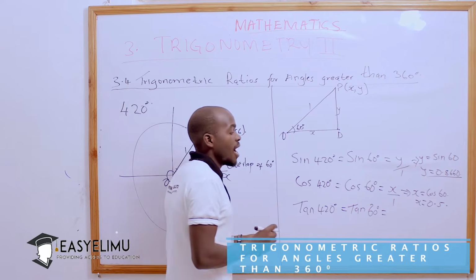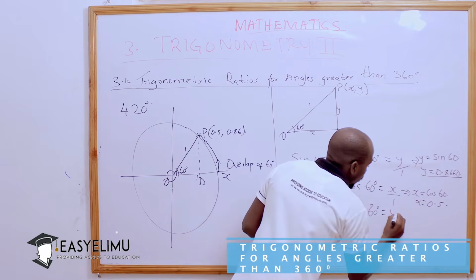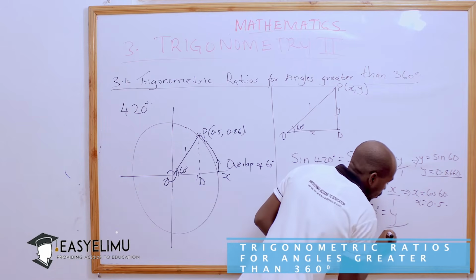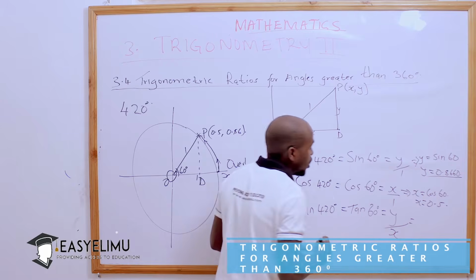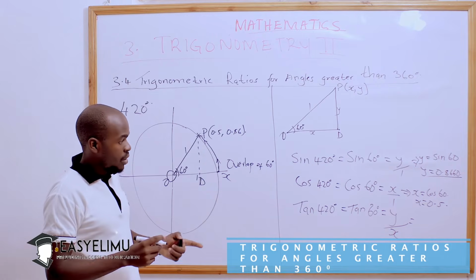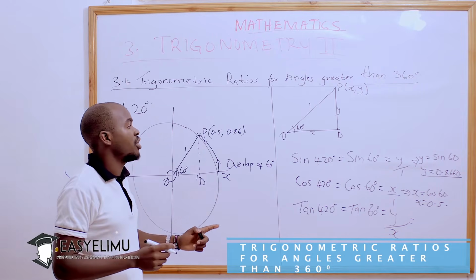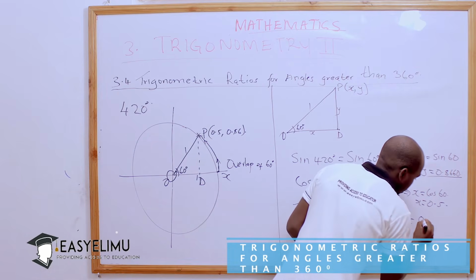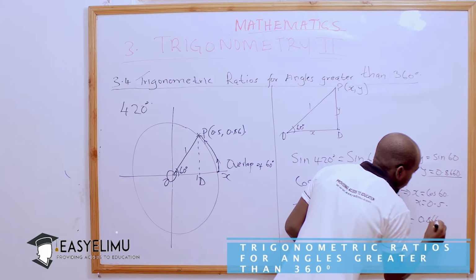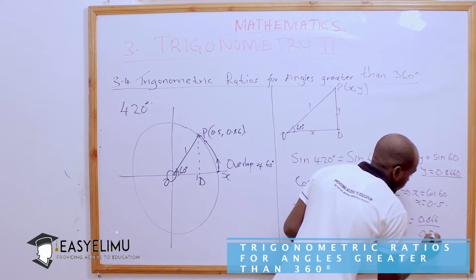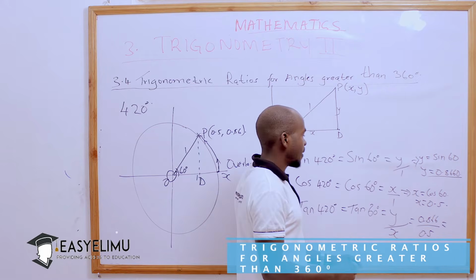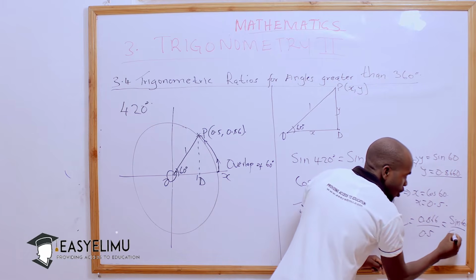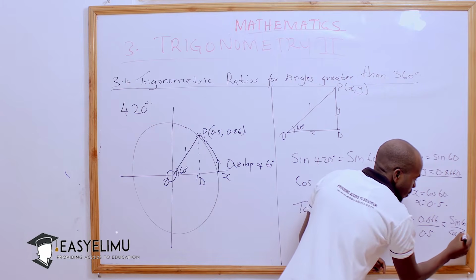And this one here, from this triangle, we are going to have y over x, and y over x is going to give us 0.866 over 0.5. And remember, this one is the same as saying sine 60 over cos 60.